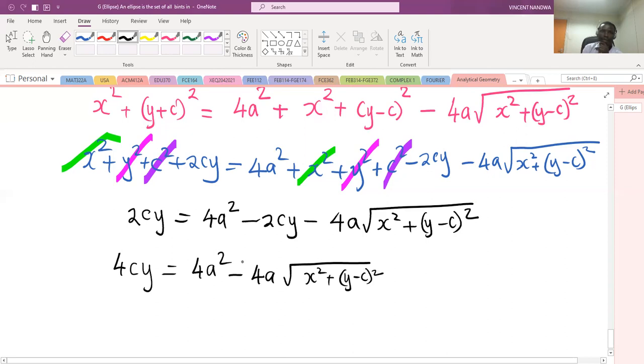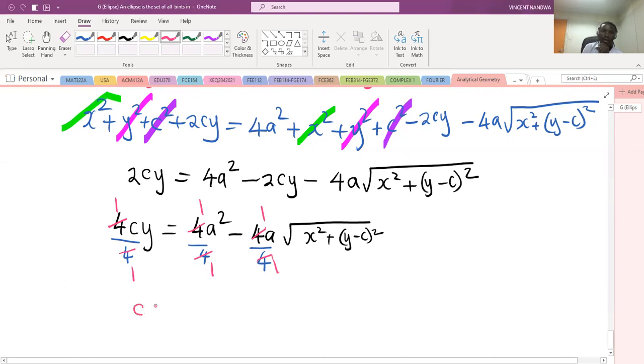Then I can divide through by 4, because 4 is common to every term. So I divide through by 4, and therefore each of these coefficients becomes 1.